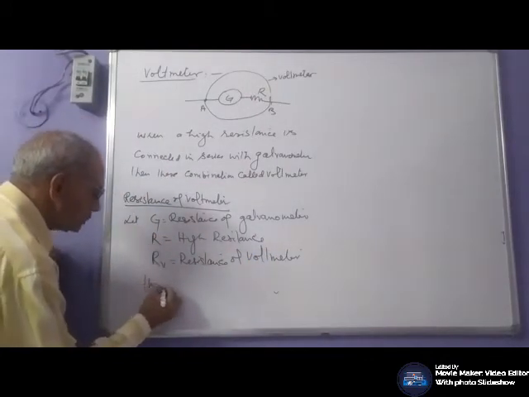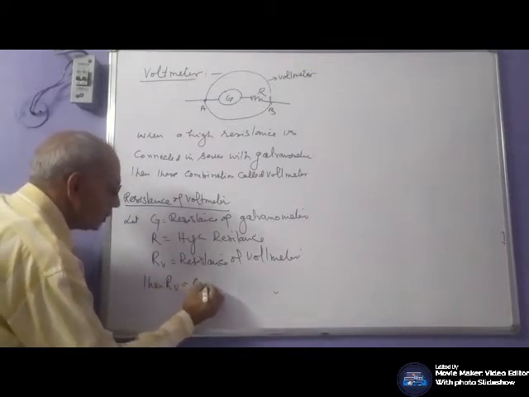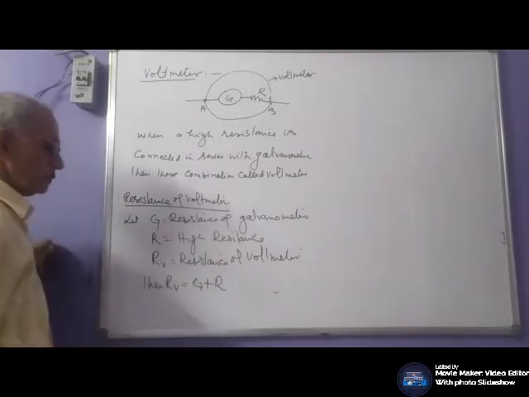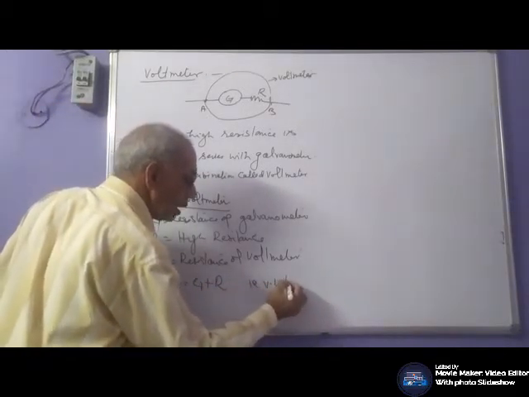Then RV is G plus R, that is very, very high.